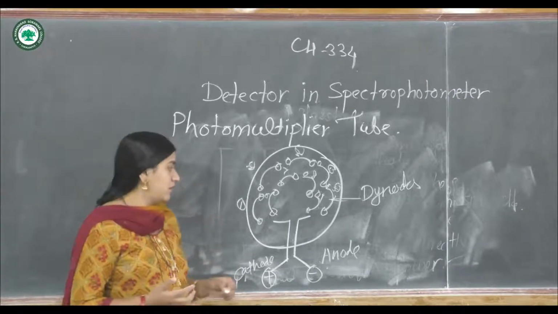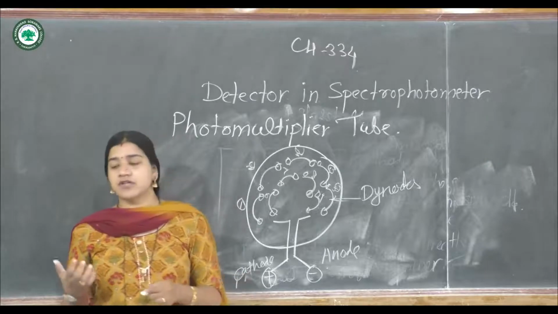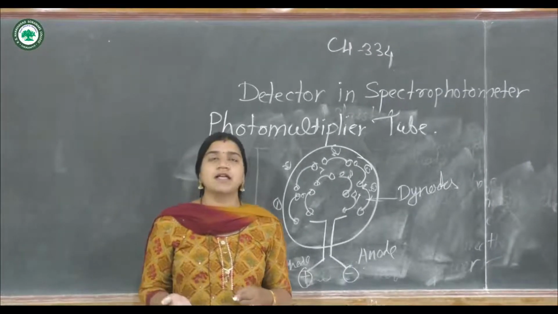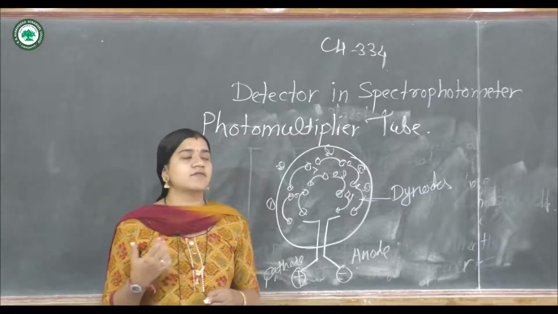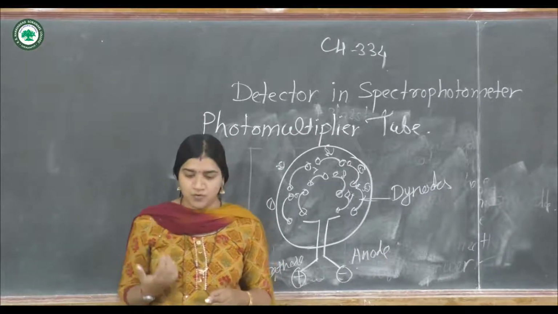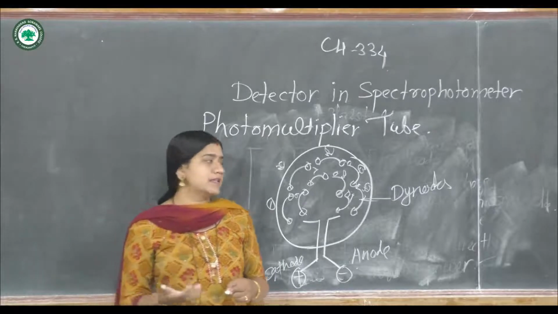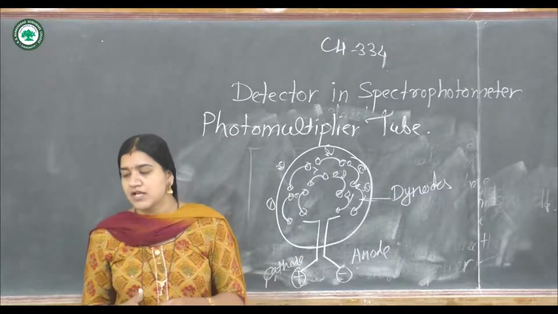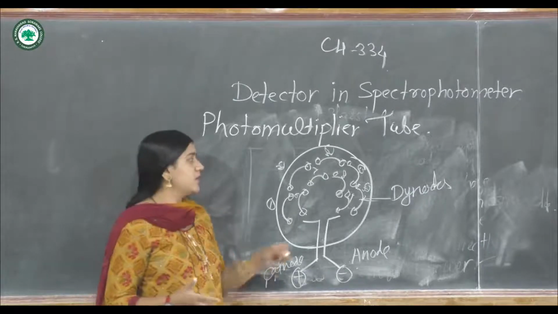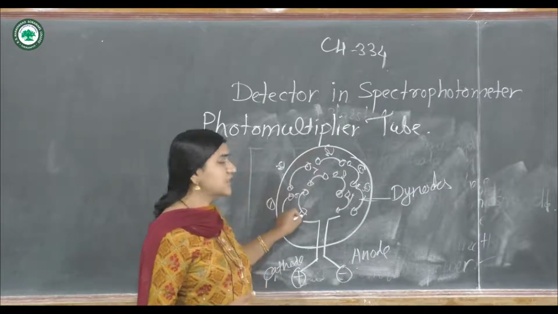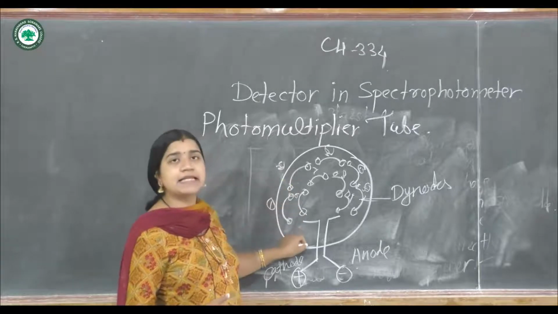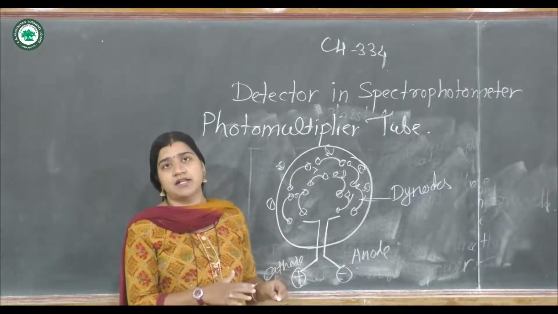The anode is the collector electrode, while the cathode is again photoemissive. So the photoemissive cathode releases a number of electrons. These electrons are multiplied when they pass through this cycle of diodes, and finally they are collected at the collector electrode.